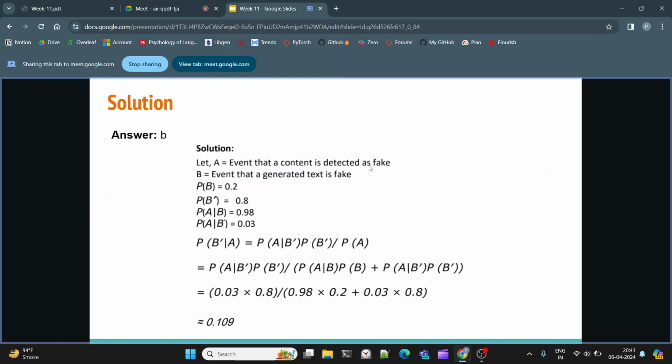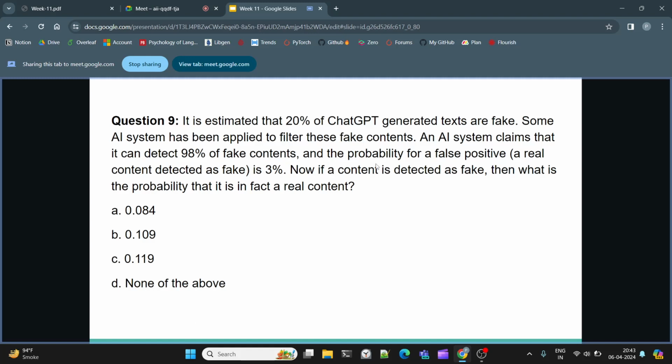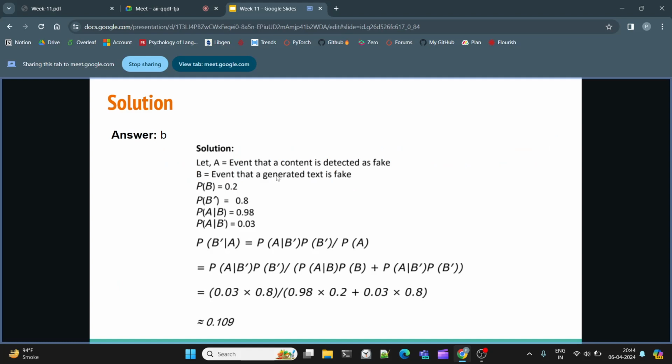Okay. So first, let's demarcate the events that we have. See the final statement that we have, right? There are two events present here. Even in the entire problem, there are two things that have been stated. If we frame it in terms of events, we would be able to approach the problem in an easier manner.